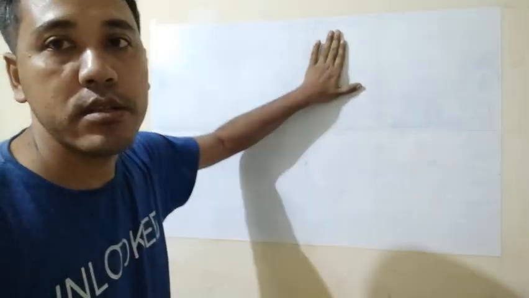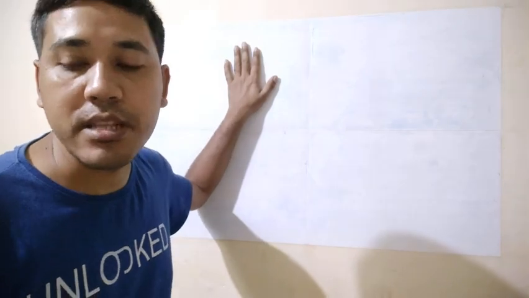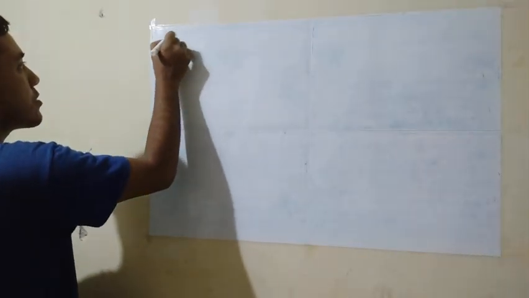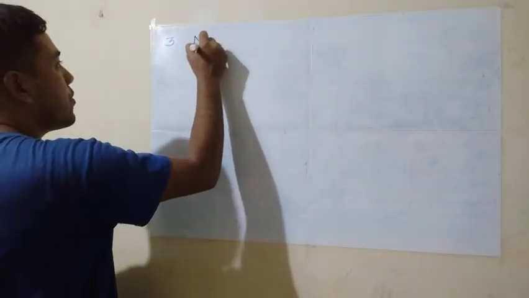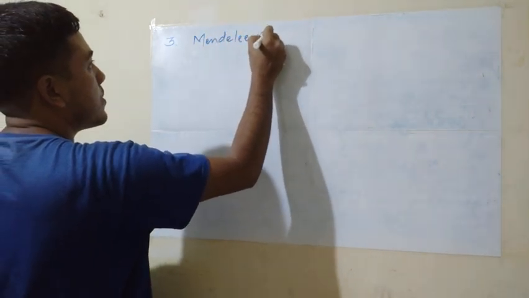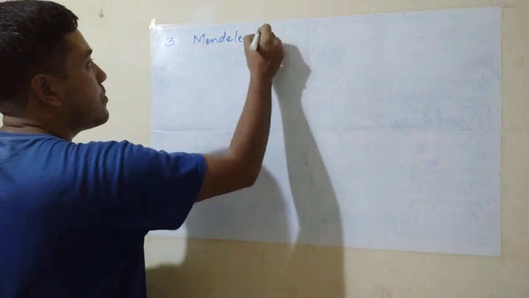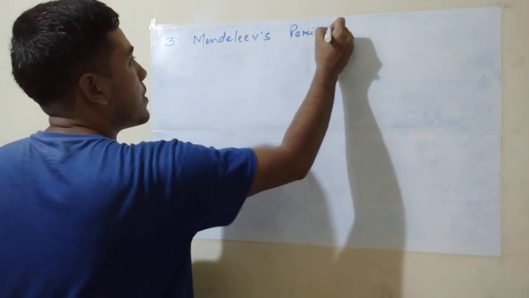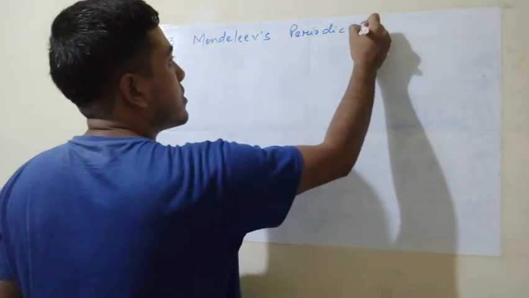Before I start explaining Mendeleev's periodic table, first I will explain Mendeleev's periodic law. See, Mendeleev's periodic law, the third one, after Newlands' law of octaves.